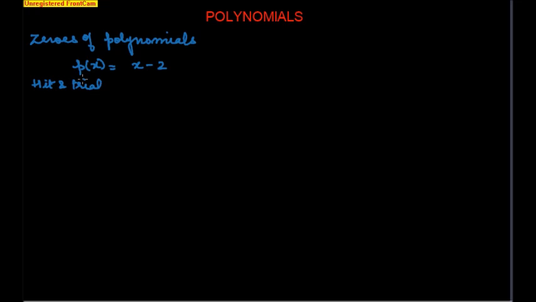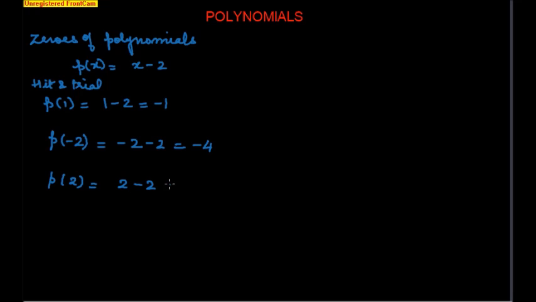When you apply the hit and trial method, we put different values in it. Let me say if I put x as 1, I get 1 minus 2, which is minus 1. If I put x as minus 2, I get minus 4. Now if I put 2, I get 2 minus 2 equal to 0.